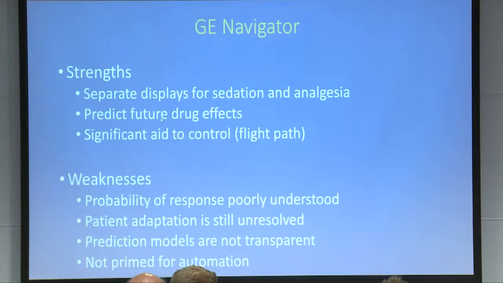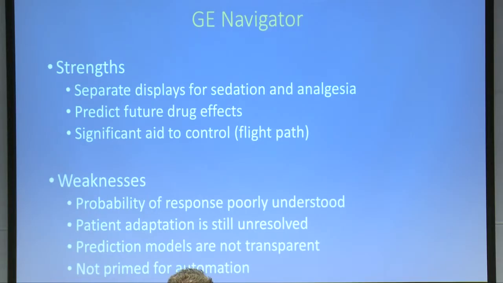Predicting drugs to the future is very significant. The weakness of the navigator approach is that this probability of response is somewhat of a foreign concept. Users need some time to understand it and be able to use it effectively. How to adapt these models for individual patients is still unresolved.